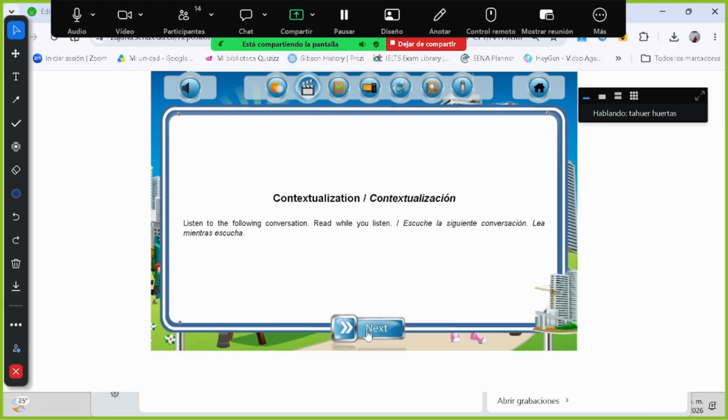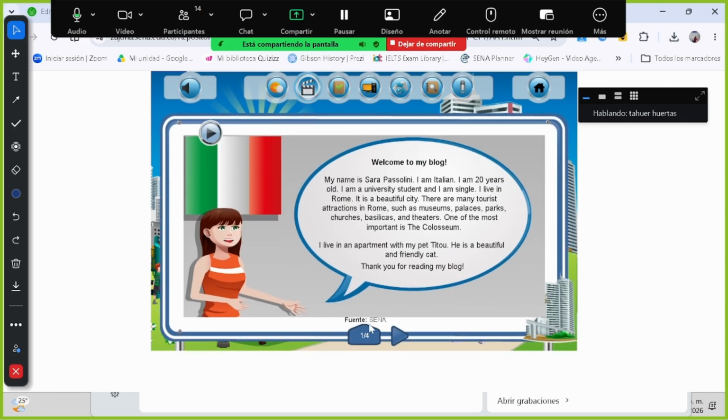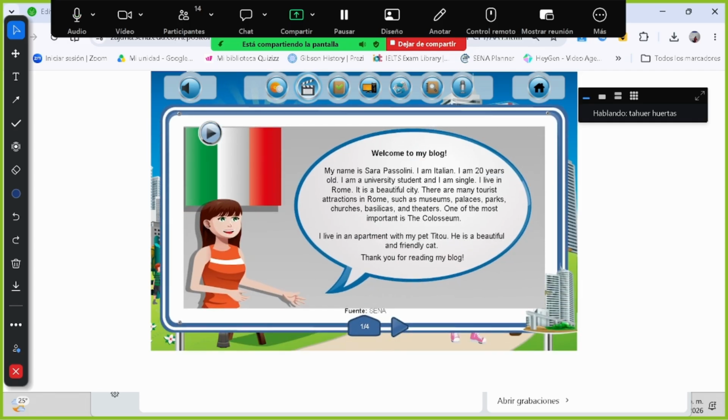In contextualization, you can see some examples in which we apply these topics. In this example, we're gonna practice subject pronouns, object pronouns.